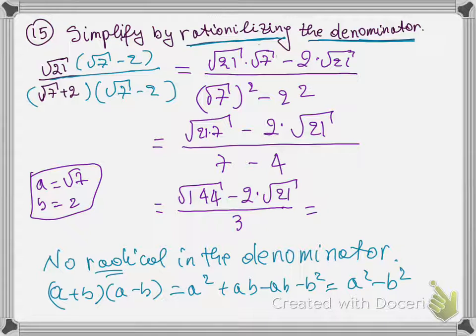Okay, so when I multiplied 21 times 7, that is 147. So let's fix that error.